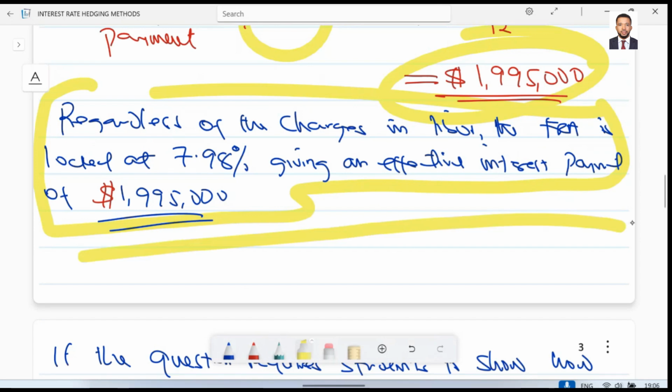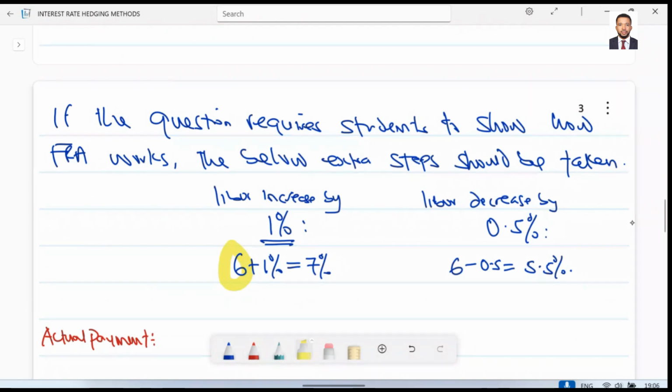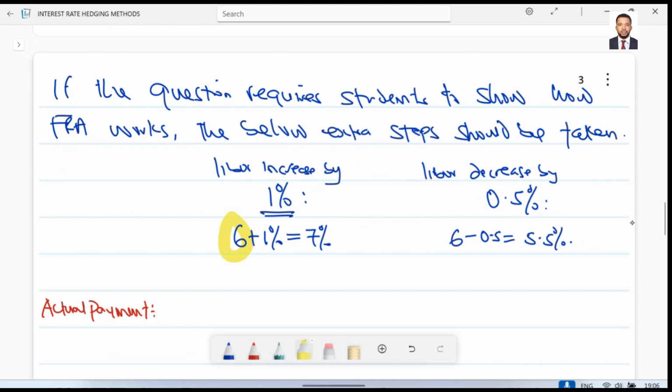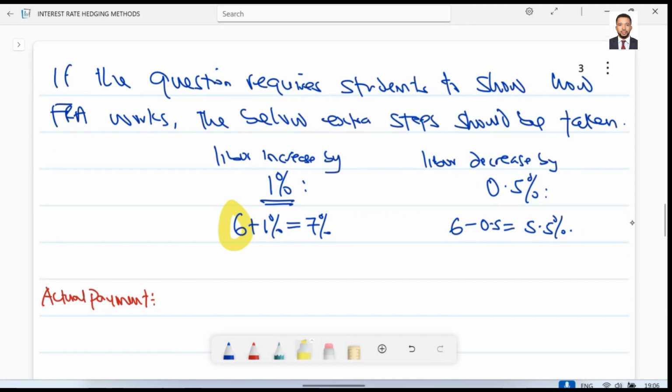Draw this line. If they ask you to demonstrate, that's when you're doing this one. They want to see whether you know how to actually set up hedging, FRA hedging. And that's what we are doing now. If they don't ask you to demonstrate, guys, there's no need. Because either way, you get the same answer. And I'm going to show you now.